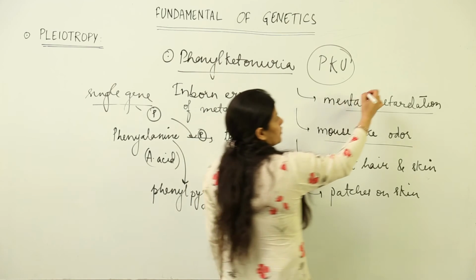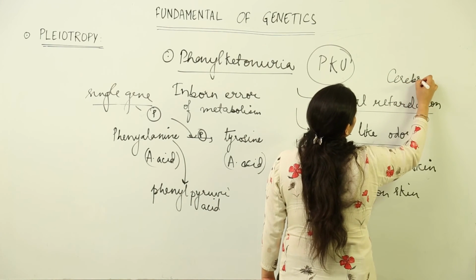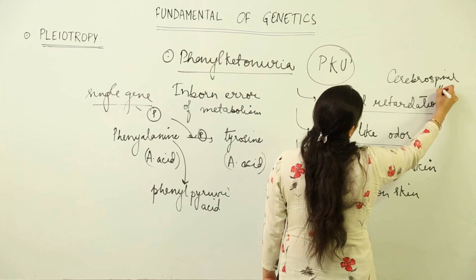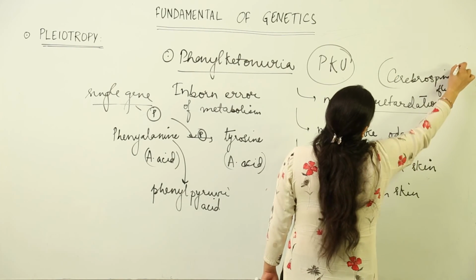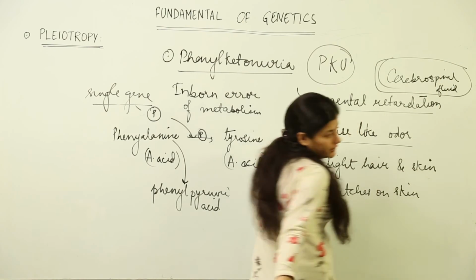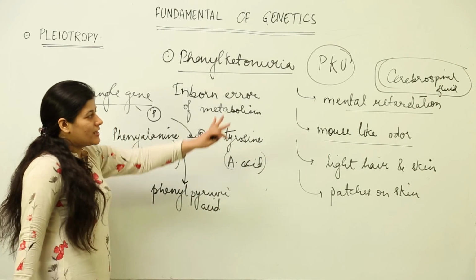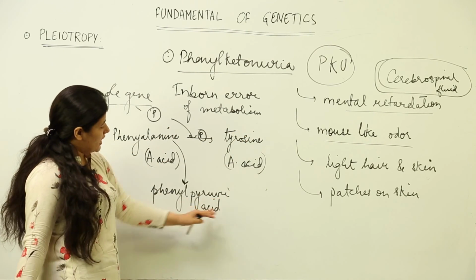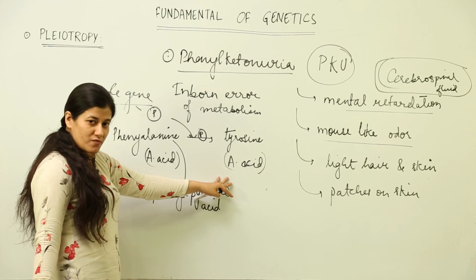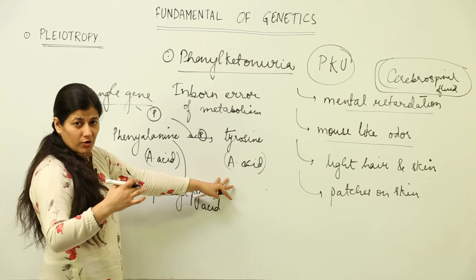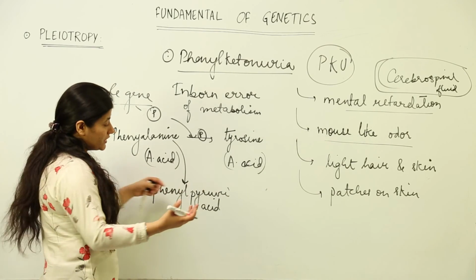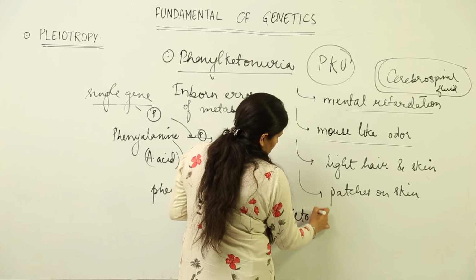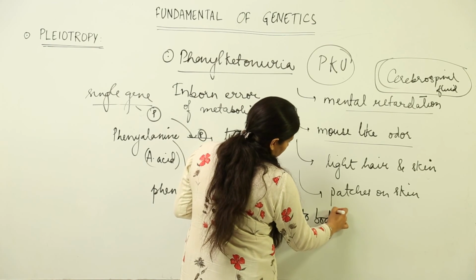Because of that, there is a lot of accumulation of phenylpyruvic acid in the cerebrospinal fluid. Now once the cerebrospinal fluid has an excess amount of phenylalanine or phenylpyruvic acid, then it leads to mental retardation. Also this extra phenylalanine or phenylpyruvic acid that is formed as a result of hindered or altered metabolism, there is release of ketone bodies in the urine.